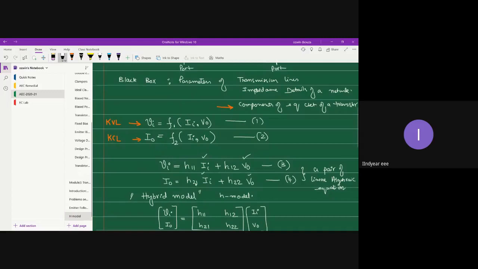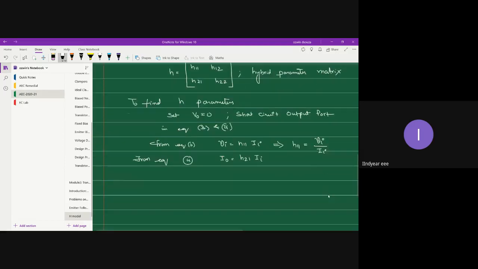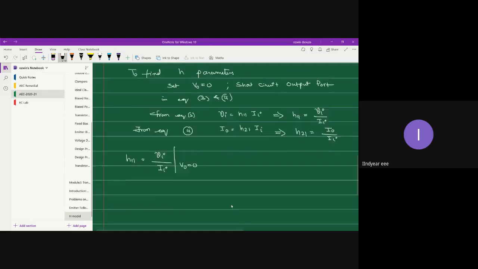That implies H11 is basically a voltage by current ratio. On the other hand, H21 is basically the output current to input current ratio. So H11 is Vi by Ii under the assumption that V naught is equal to 0.